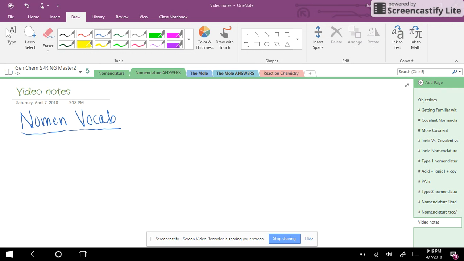beginning nomenclature. Okay, so first thing, especially with the different types of compounds, basically we have to know what the different types of compounds are.